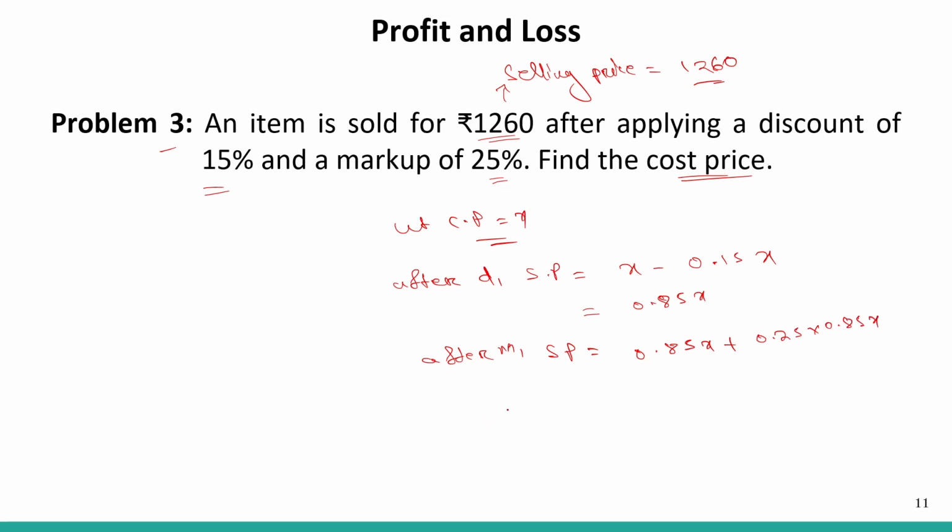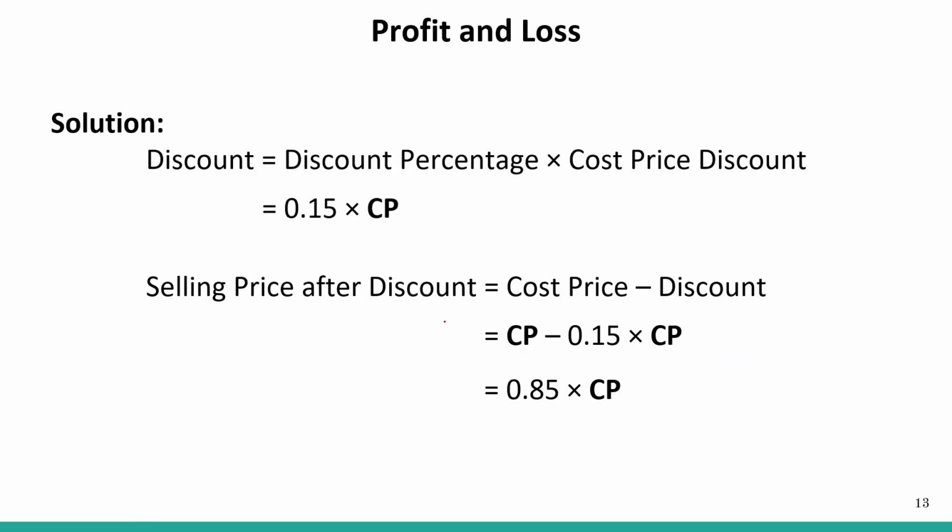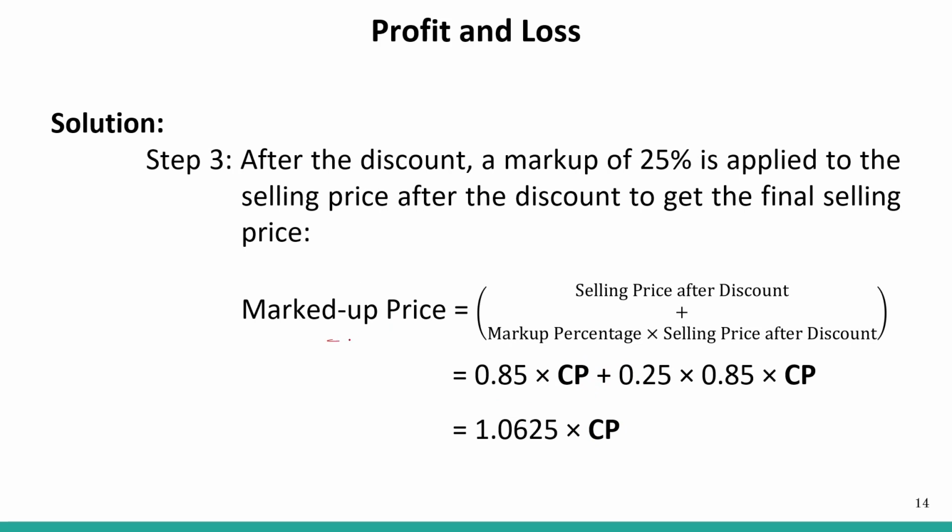So this amount will be equal to 1260. So this will be equal to 0.85 into CP. So markup price is equal to selling price after discount plus markup percentage into selling price after discount. So 0.85 into CP plus 0.25 into 0.85 into CP. So this is equal to 1.0625 into CP.